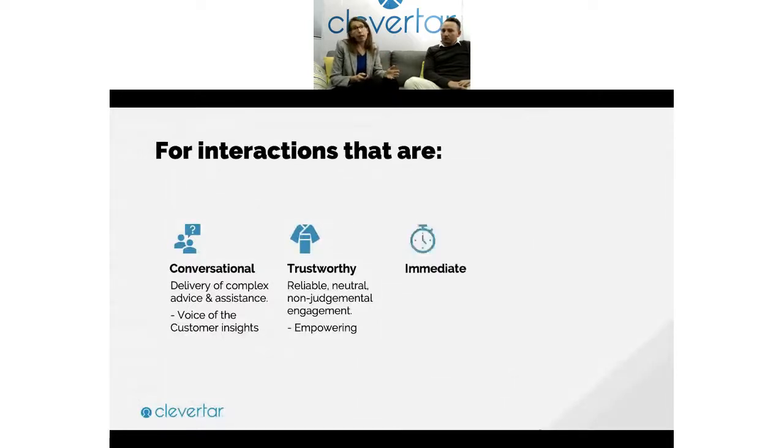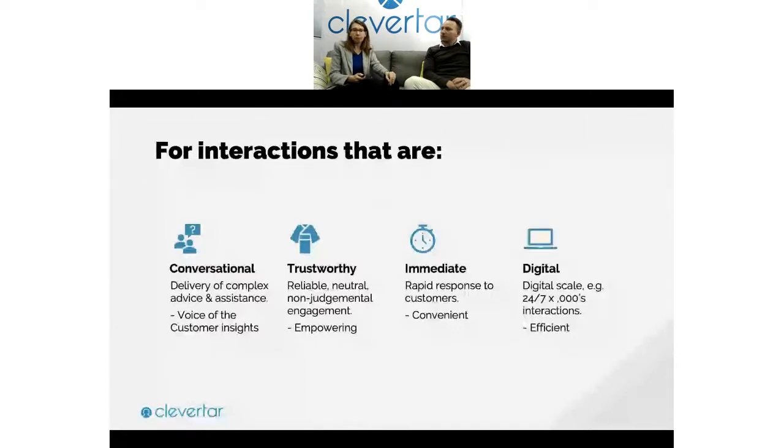Now, it's also where an immediate conversation is required, perhaps by the customer, because if the customer can wait 24 hours or they can wait till someone's available, then maybe you don't need an automated solution. But if that kind of convenience is important, then that's where a virtual agent can work.